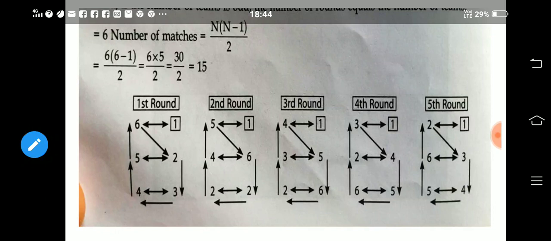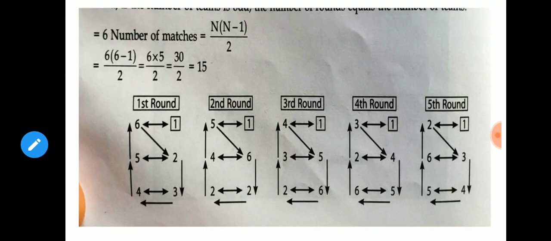Here we will discuss the fixture making methods in cyclic and staircase. So let us start with the cyclic method. You can see in this slide an example where the number of teams participating in this fixture is 6.